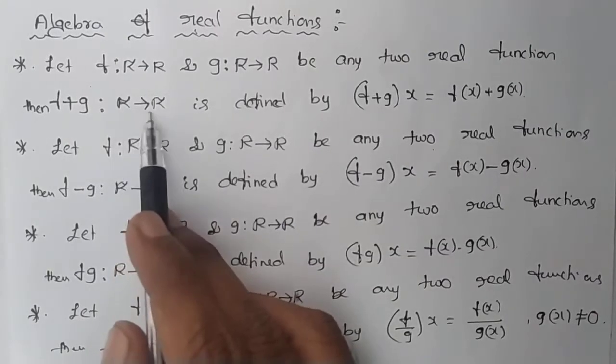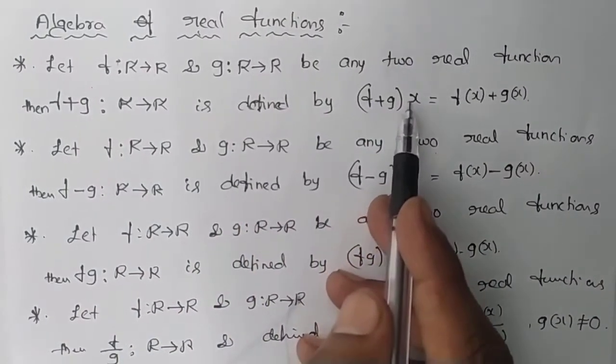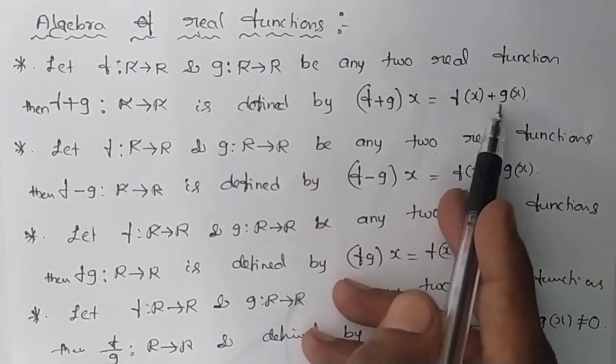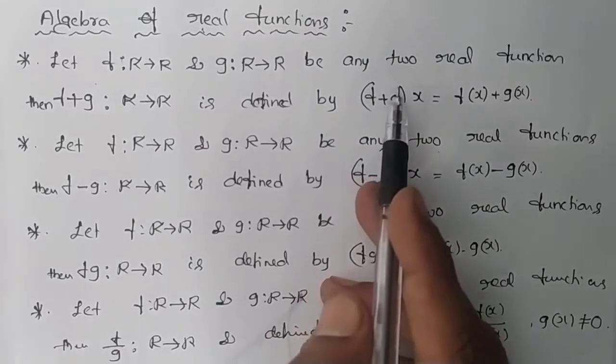Then f plus g from R to R is defined by (f plus g) of x equals f of x plus g of x. It is the first one.